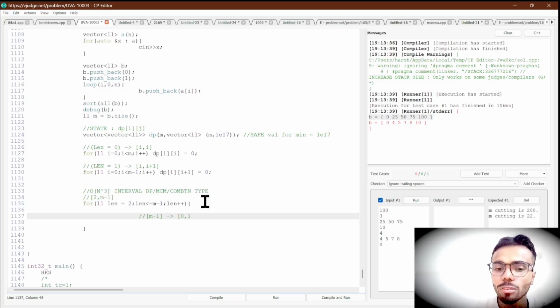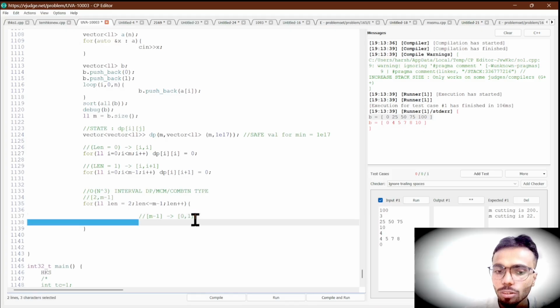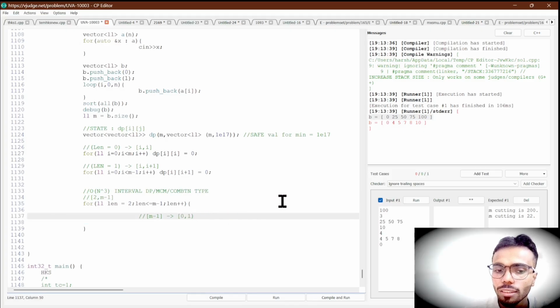Is 1 included or not? No. Why so? If I have the length as m minus 1, then in total I have to take m coordinates, since 0 is one coordinate and 1 to m minus 1 are the other coordinates.